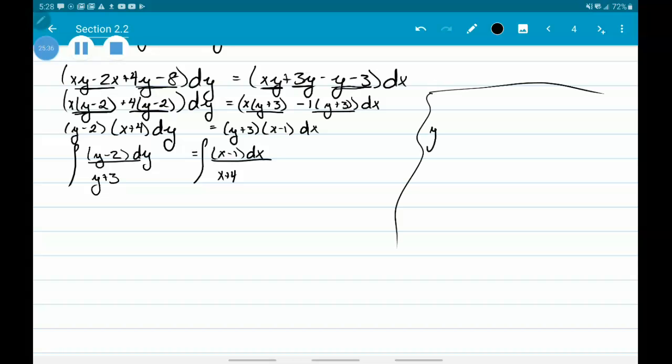Let's take that y plus 3 and divide it into y minus 2. y goes into y one time, multiply through, the y's cancel, and we're left with a negative 5. So the left side is equivalent to 1 minus 5 over y plus 3.